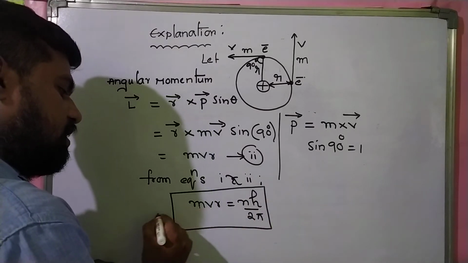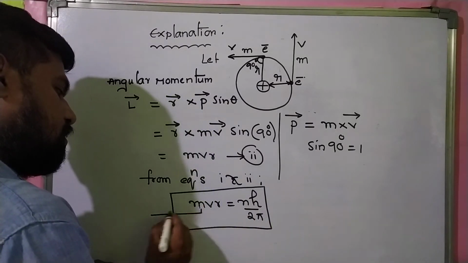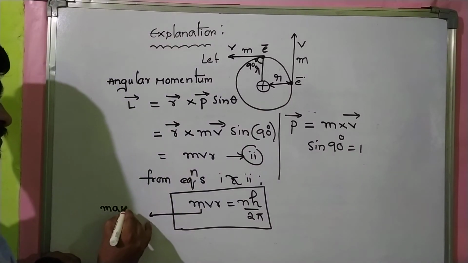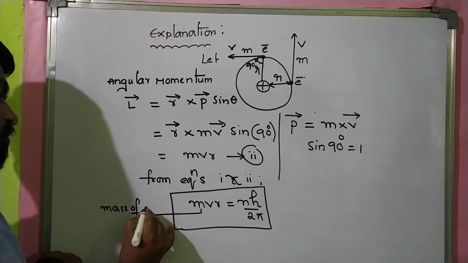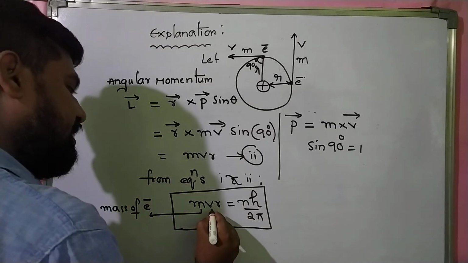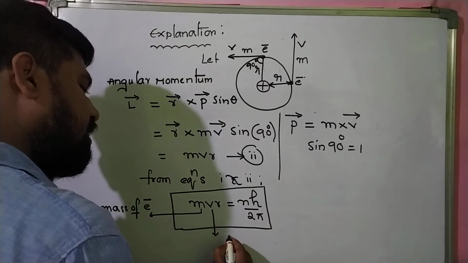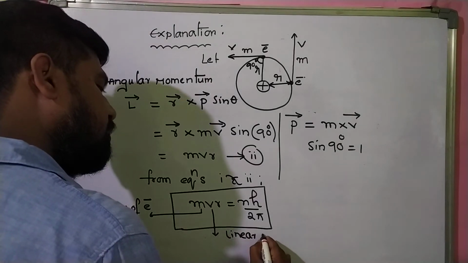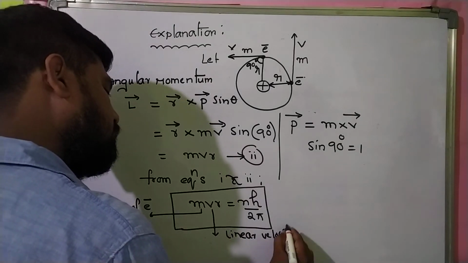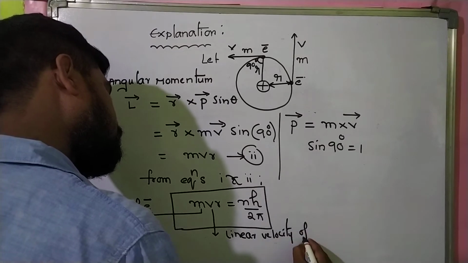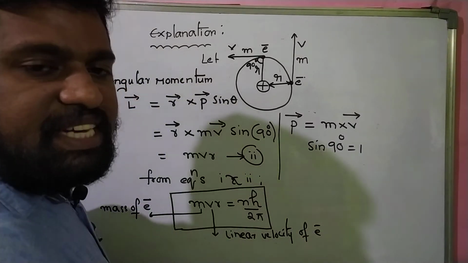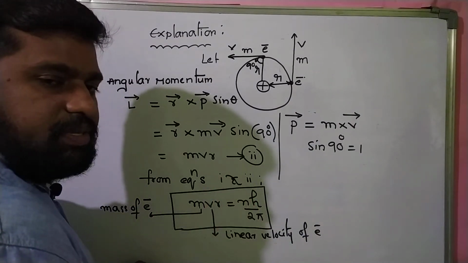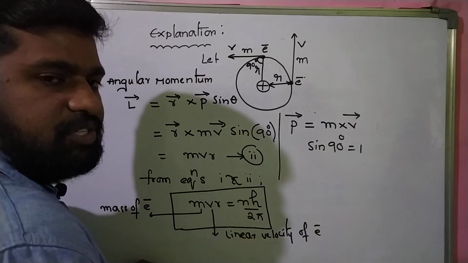Here m equal to mass of electron and v equal to linear velocity of electron or tangential velocity of electron. r equal to radius, h everybody knows, Planck's constant.